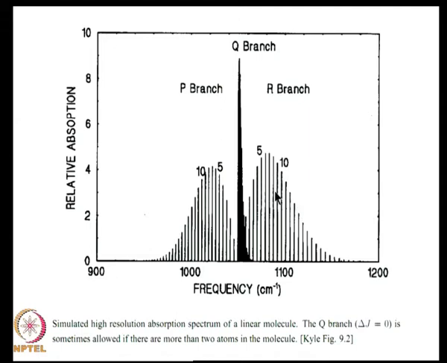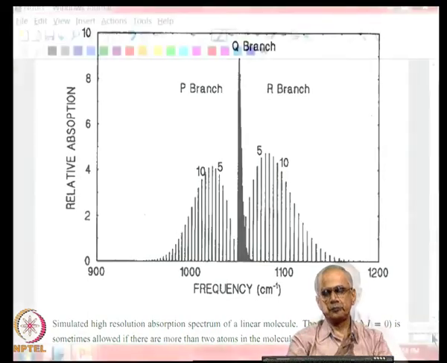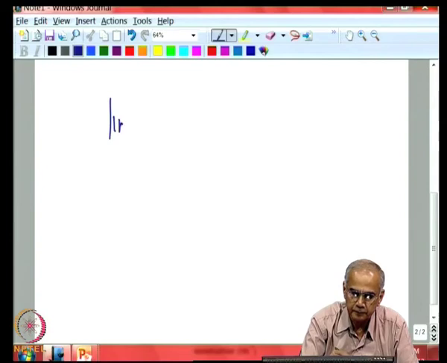Now, very often when instruments are used to measure the absorption coefficient of a gas, these lines are not always visible, because these lines are shown as a single frequency or wavelength or wave number, but on account of various processes which we will discuss soon, these lines get broadened. This is called line broadening.